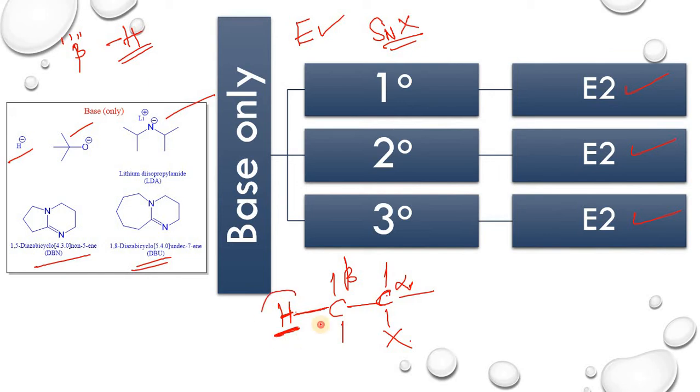At beta position there should be hydrogen. Suppose if there is no beta hydrogen, then there is a possibility of nucleophilic substitution reaction. When there is a beta hydrogen, you can find only E2 mechanism, bimolecular elimination reactions only, if you take only base.